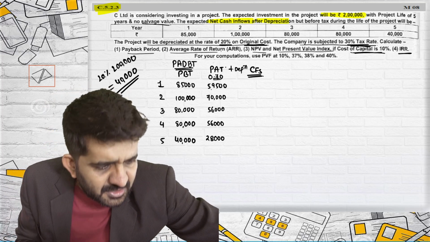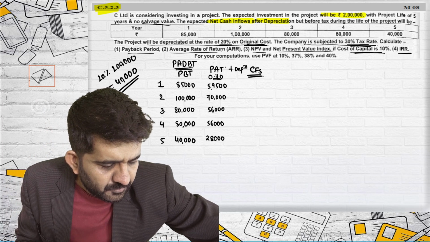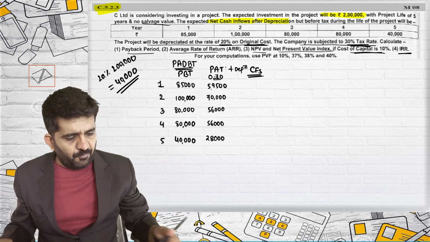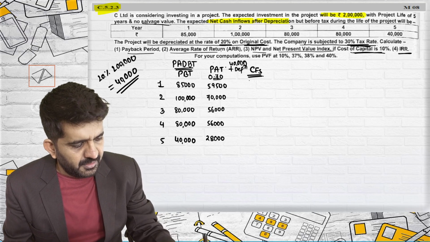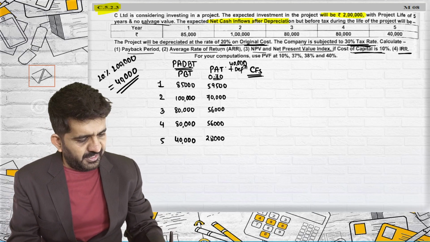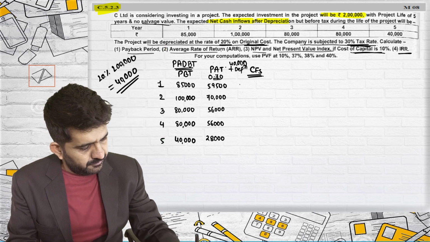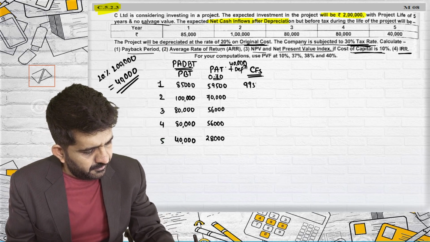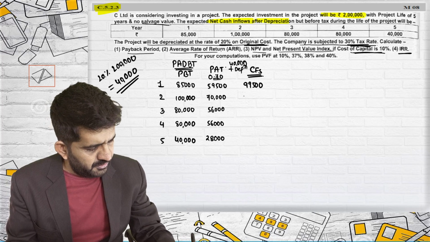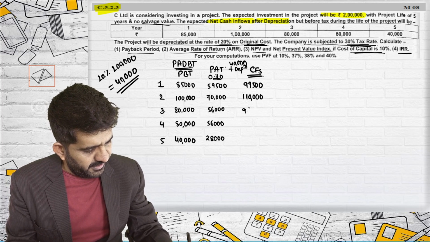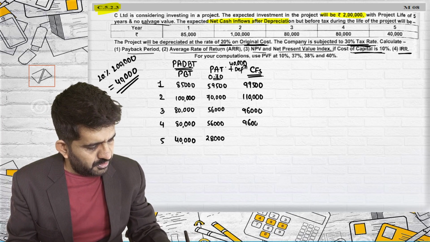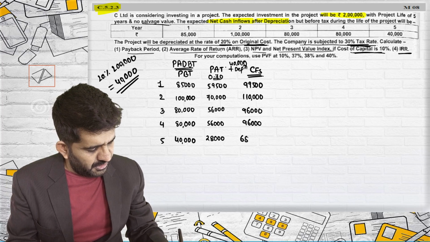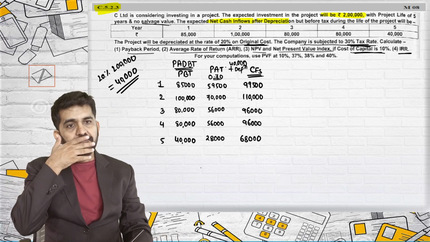I need to just add 40,000 in my profit after tax. So depreciation is 40,000. I am finding out cash flow. 59,500 plus 40,000 will be 99,500. Then 1,10,000, 96,000, 96,000, and 68,000.